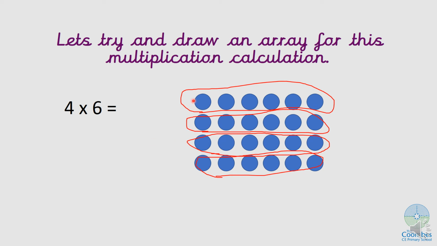So let's work out the answer. 6, 7, 8, 9, 10, up to 24. 4 groups of 6 is 24. Well done if you worked that one out by yourself.